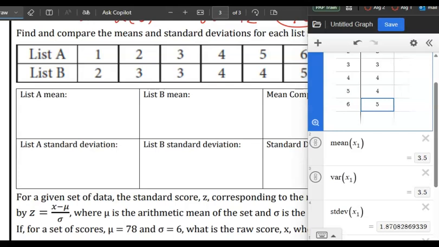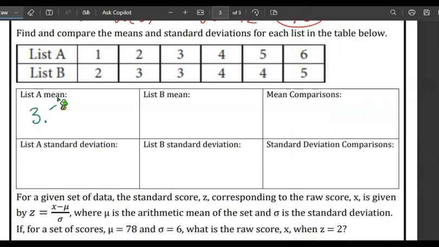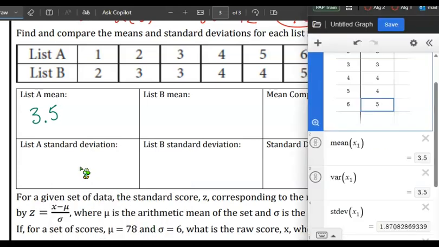For list A, the mean would be 3.5. For the standard deviation, we'll go ahead and use the sample standard deviation, about 1.87.